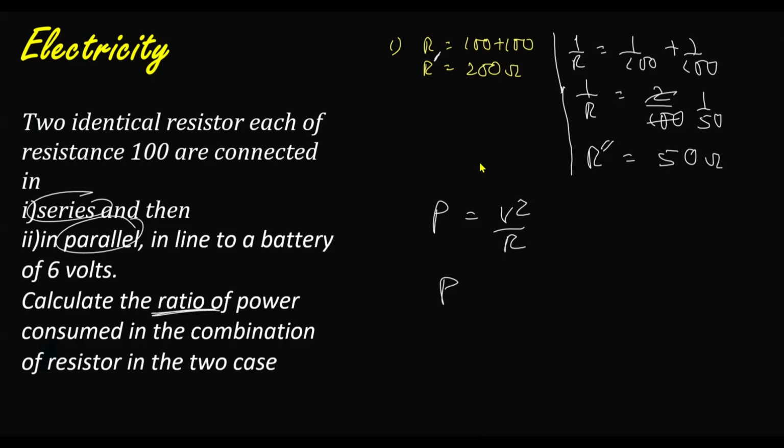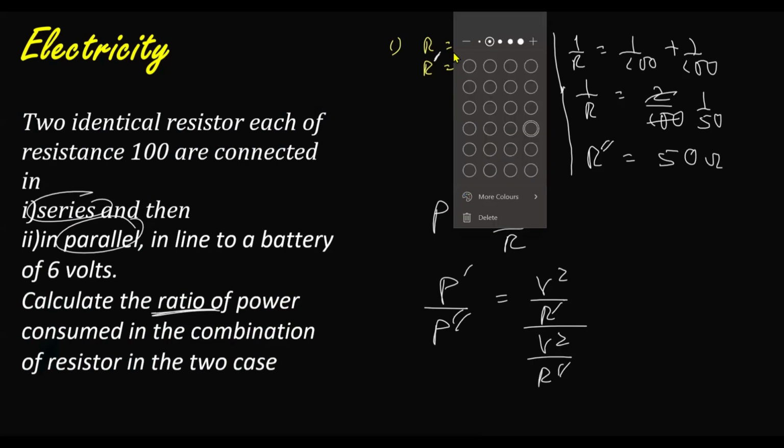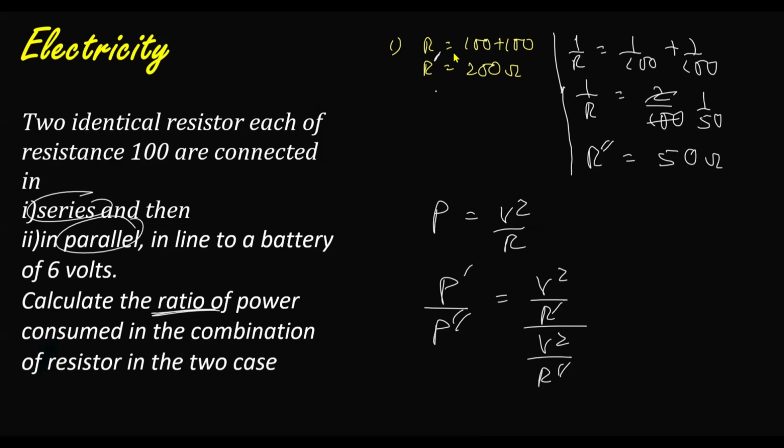So P dash over P double dash will be equal to V square over R dash for series, divided by V square over R double dash. You can check that the V square gets cancelled.